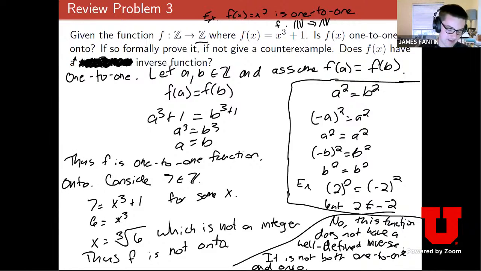I'd recommend not sidestepping the proof. I think directly proving one-to-one and onto is generally the easiest way to prove something is a one-to-one correspondence. But proving it has an inverse function would also suffice.